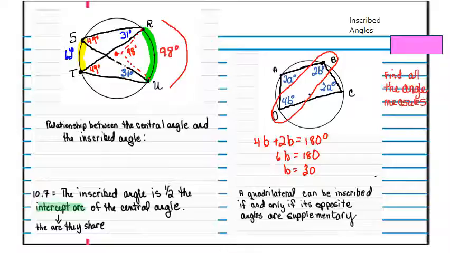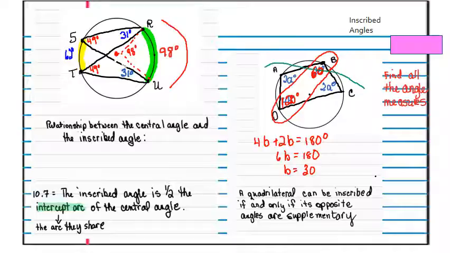That means angle D here, once you put the 30 in, is 120 degrees. And angle B here, 2 times 30 is 60, and yes, if you add those together, they do equal 180.